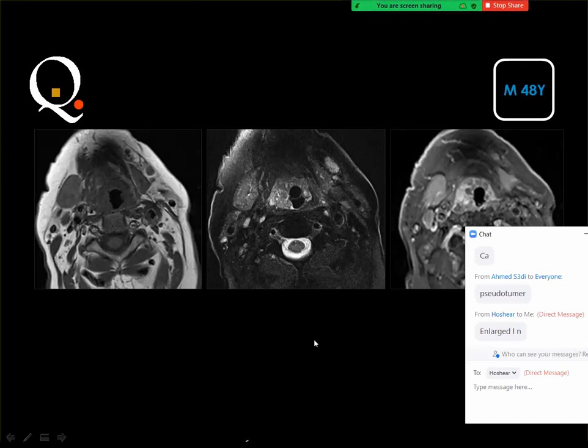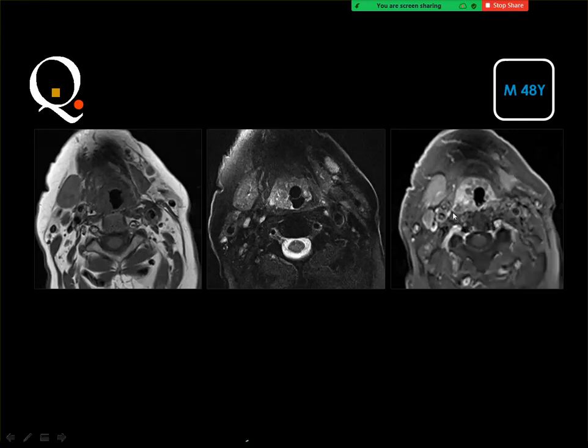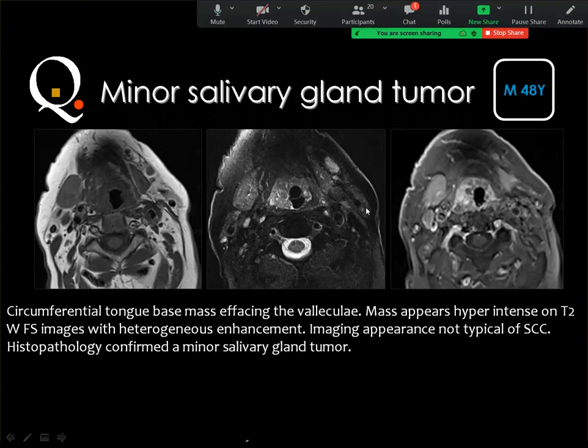Where are these nodes? If you look here, this is the submandibular salivary gland, and this is the opposite one. They are not symmetric because the patient is somewhat tilted, but the pathology is located here on the right side of the oropharynx, and you may get this lymph node.